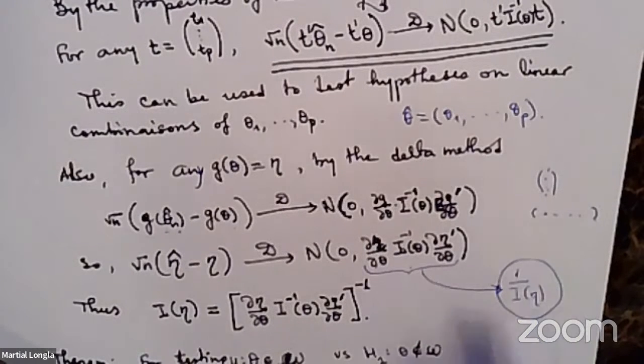Therefore, from that, you can conclude that the Fisher information I of theta is equal to this, where the -1 here is just 1 over, while the -1 here is the inverse of the matrix.